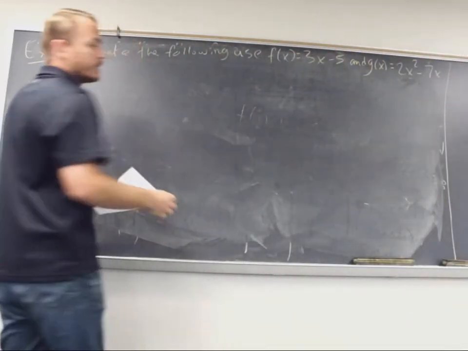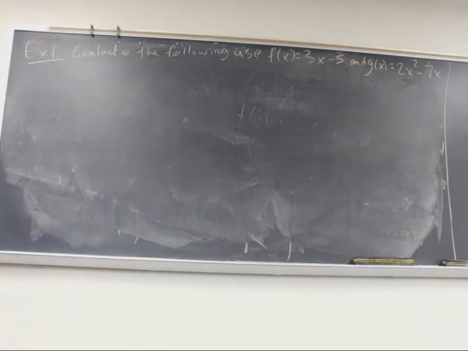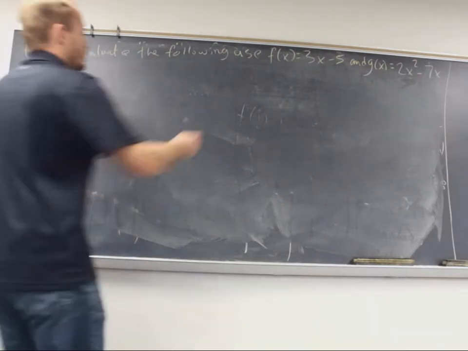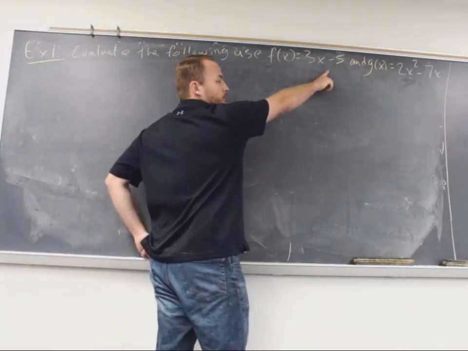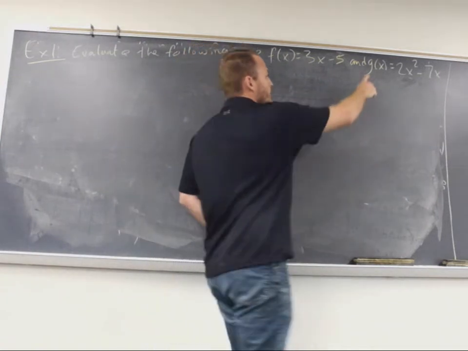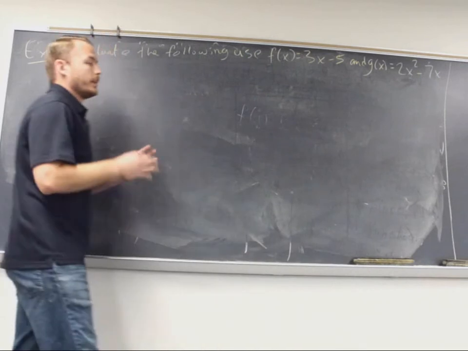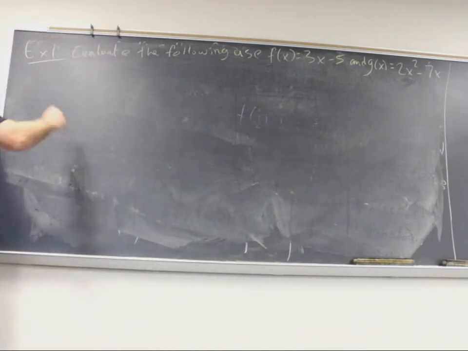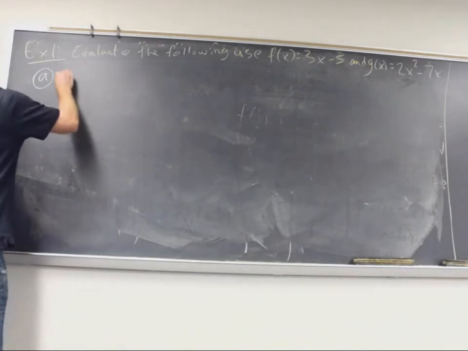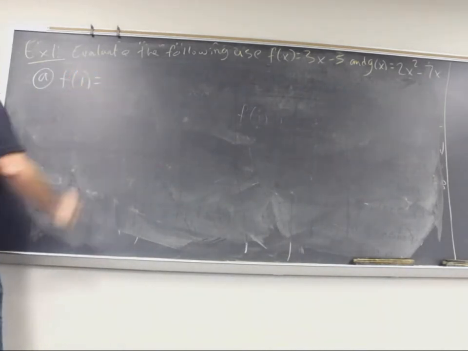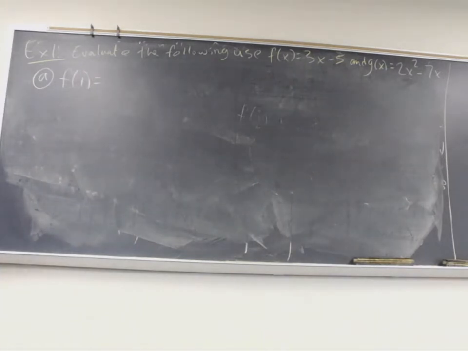All right, so we're given two different functions here. We're given an f function, which is 3x minus 5, and we're given a g function, which is this thing here. So we're going to have to be able to delineate between the two when we answer these questions. So let's find f of 1. What is f of 1 telling me?